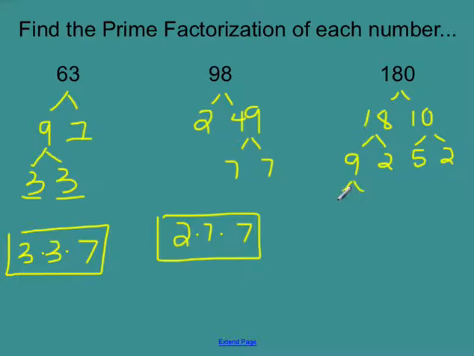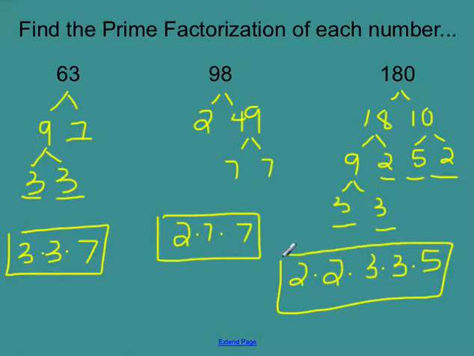So I'm going to take the 9 and split it into 3 and 3. Then I like to write it out in numerical order, so I'm going to go at the ends of each of my legs. I see that 2 and 2 are at the end, and then 3 and 3, and then 5. So this right here is the prime factorization for 180.